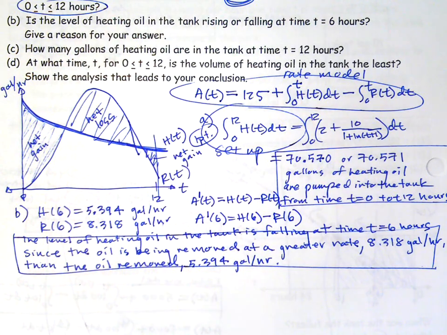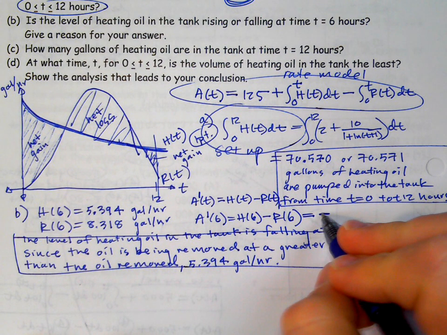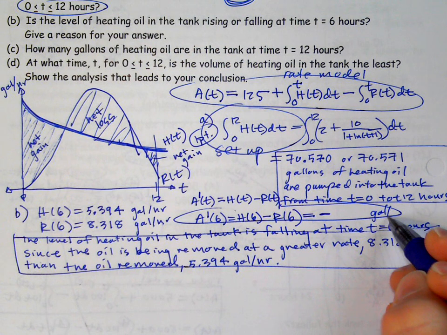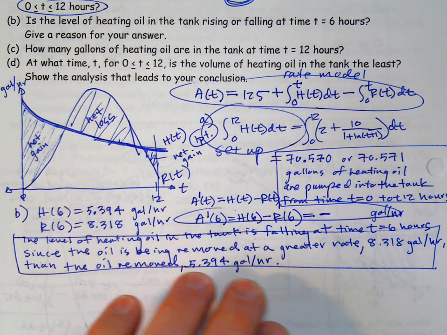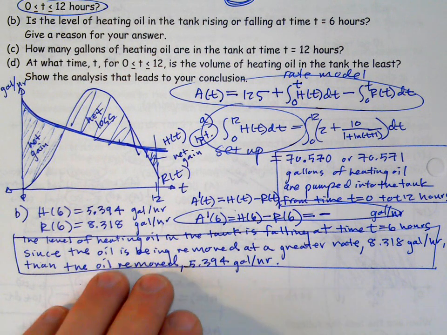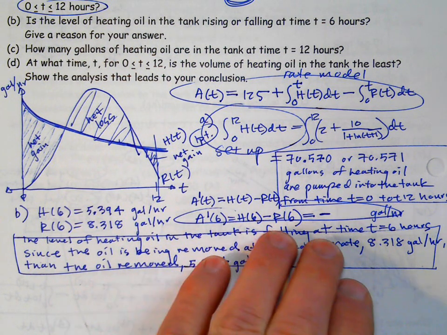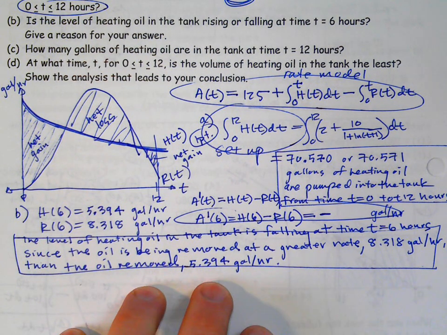So that value would come out to a negative number of gallons per hour, and that'd be the overall rate of change of the oil in the tank. And so you could say, it's falling because the amount of oil is decreasing, since the overall rate is negative. That's kind of a typical question.